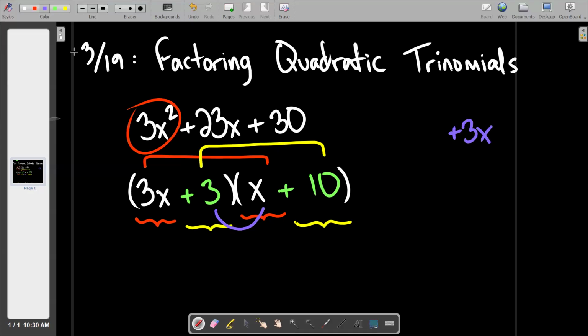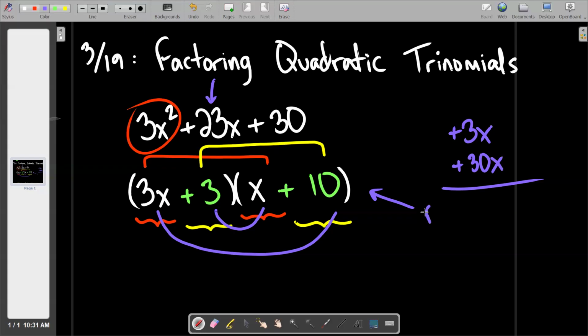And if I take this times this, I get 30. And if you add those together, like get used to this, you're going to be doing it thousands of times, what do you get? 33x is not the same as 23x. Therefore, this is a fail.